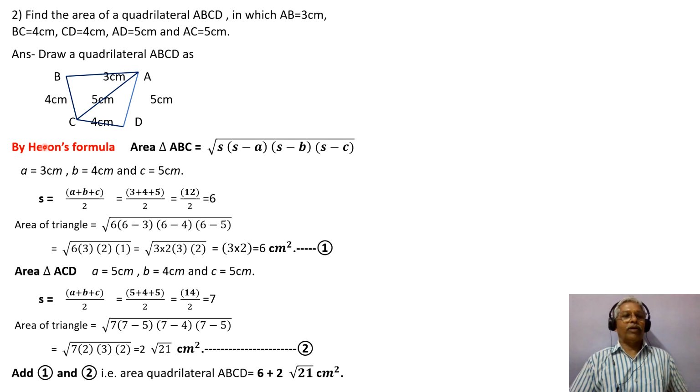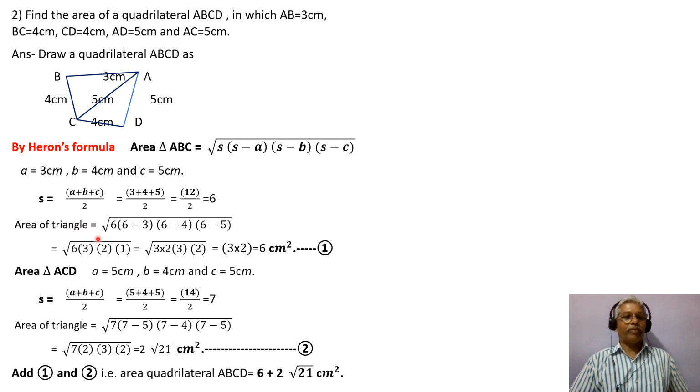Okay, so answer, draw a quadrilateral. We have done this. Okay, now we can apply Heron's formula separately for ABC and ACD. So by Heron's formula, area of ABC equals root of S into S minus A into S minus B into S minus C, where for this, A is 3, B is 4, and C is 5. Okay, so S equal to A plus B plus C upon 2, or 3 plus 4 plus 5 upon 2, that is 12 upon 2 is 6.